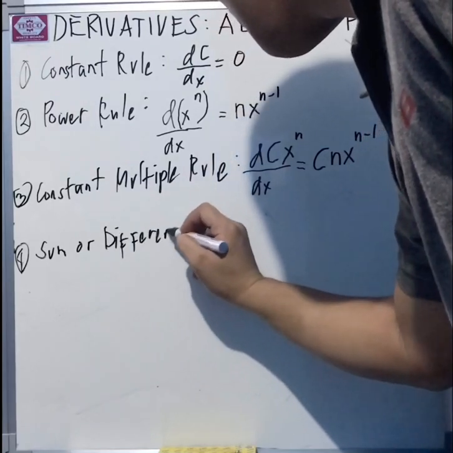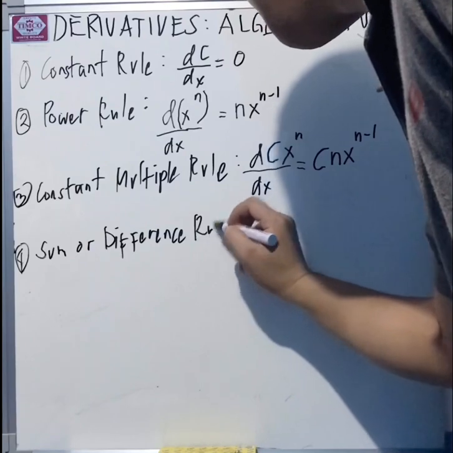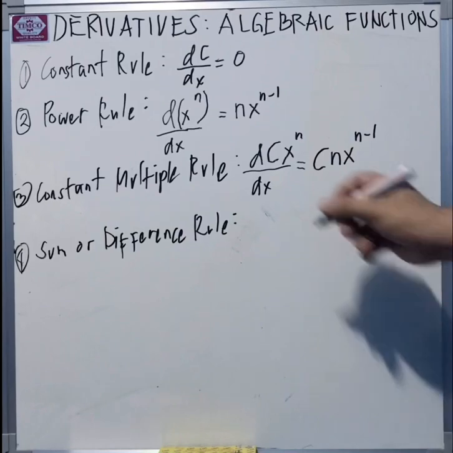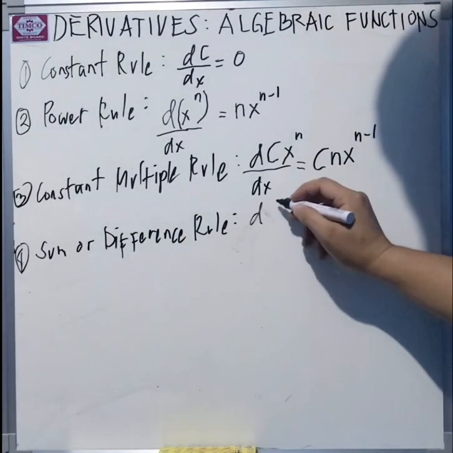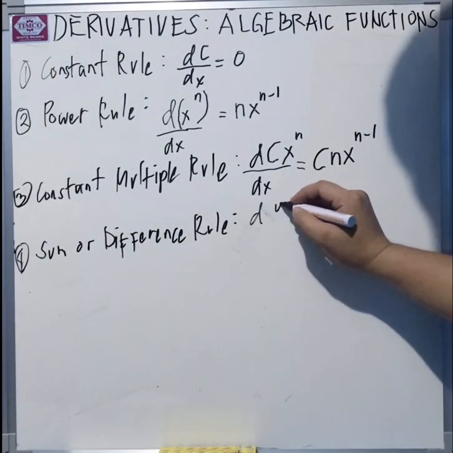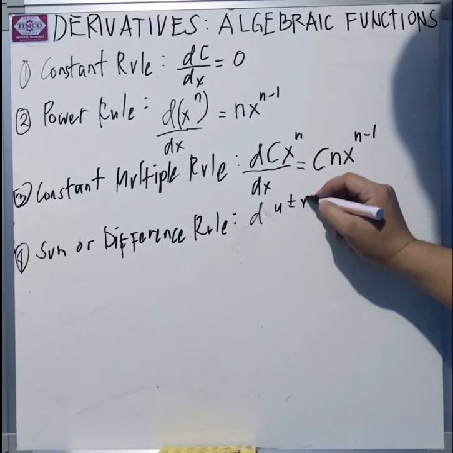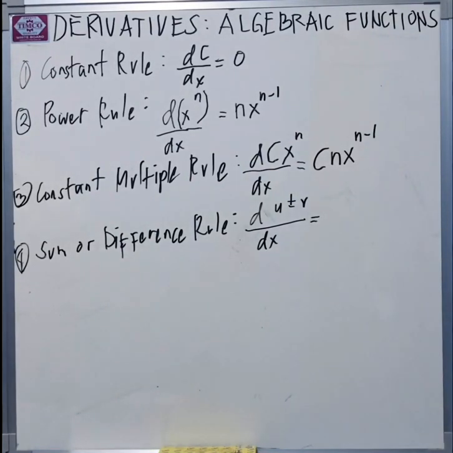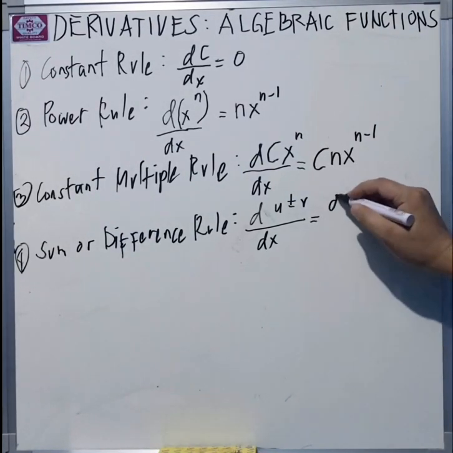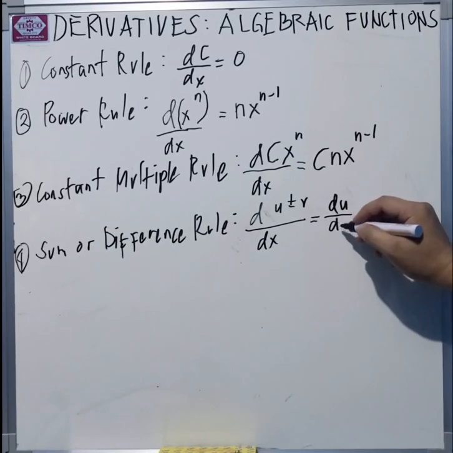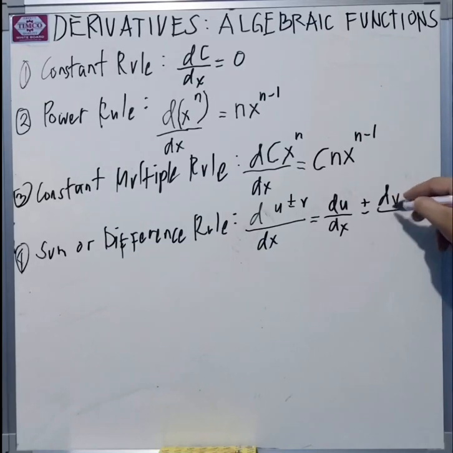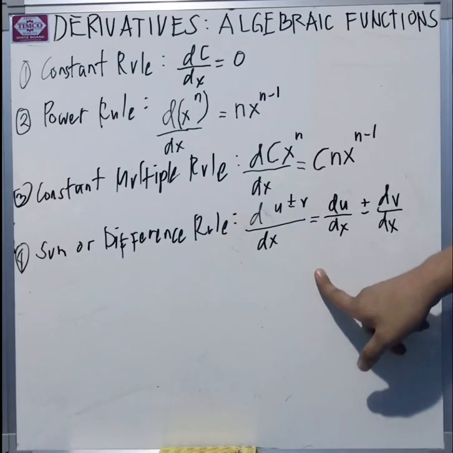If we say sum or difference rule, if we have to evaluate the derivative of a function u plus or minus a function v with respect to dx, that is equal to the derivative of u with respect to dx, plus or minus the derivative of v with respect to dx. Okay, so we have an example.